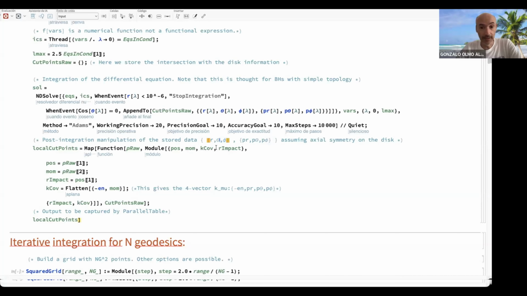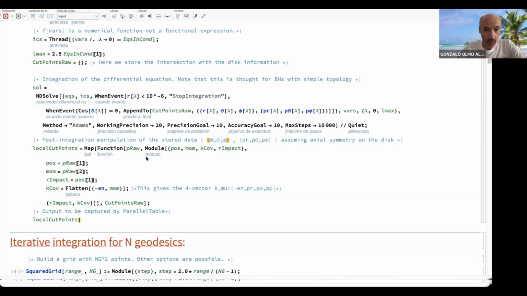But now I'm simplifying that, okay. So I will only keep the radial location and the momentum. The radial location because it's necessary for the gravitational redshift, and the momentum because together with the radial position, it is necessary for the Doppler effect, okay?